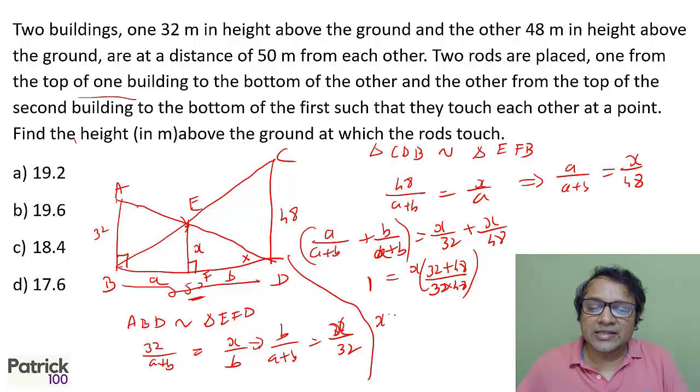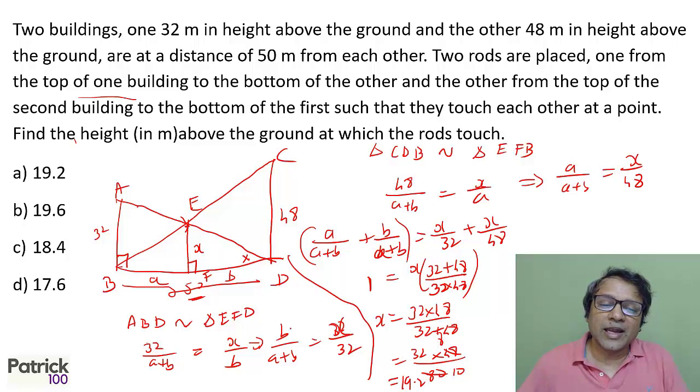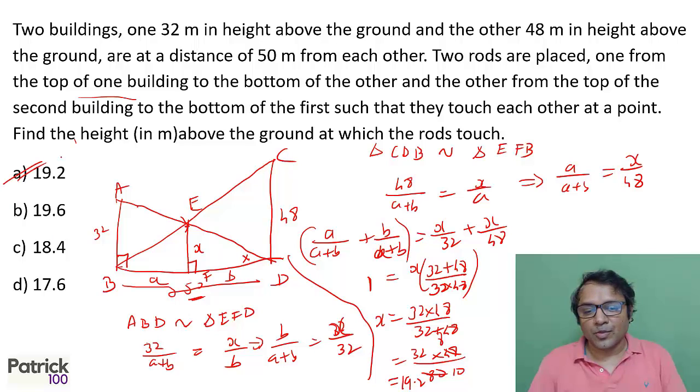Or you can get X is 32 into 48 upon 32 plus 48, which if you solve, down is 80, up is 32 into 48, 10, 8, you will get 19.2.